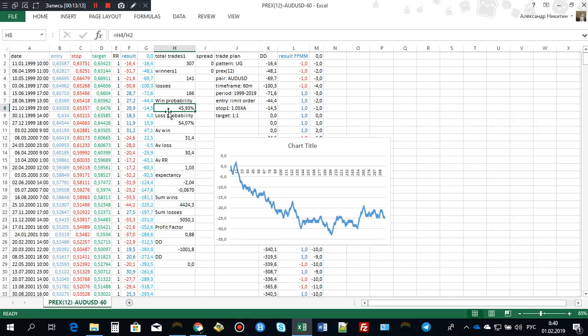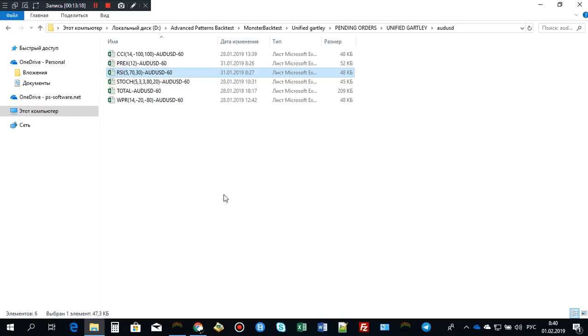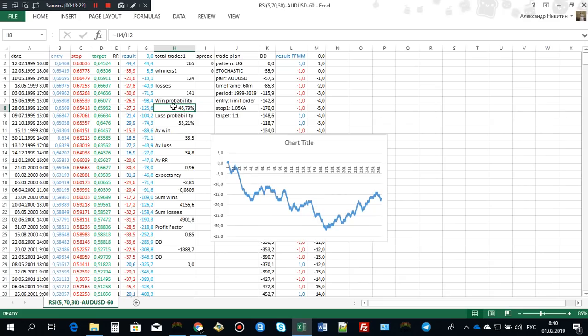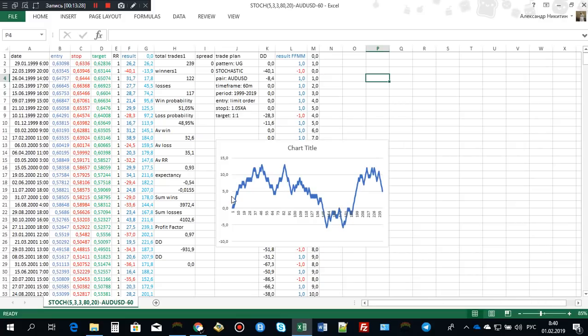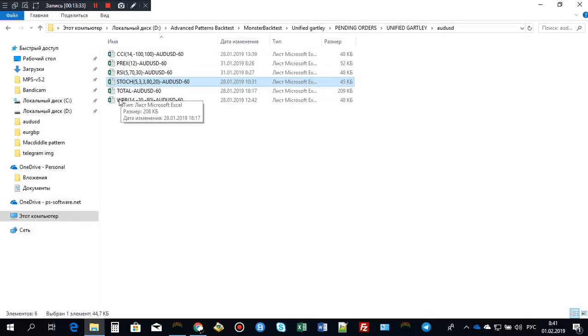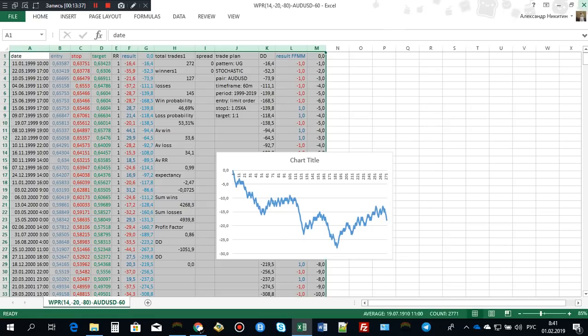If we choose the second algorithm, you have a similar picture, slightly different, but mostly similar. If we choose the third, we have a different but similar picture, with some minor differences. This one is moving sideways, amazing. And this one is moving to the downside as well.